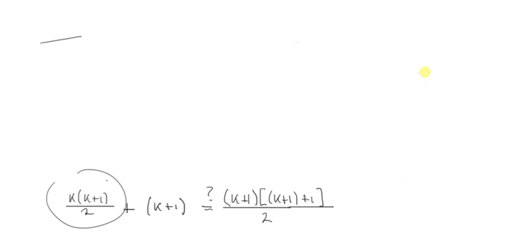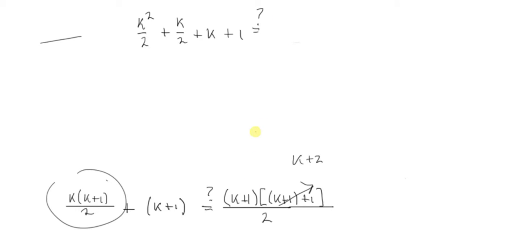So on the left-hand side we have k squared over 2 plus k over 2 plus k plus 1 equals, and we're going to simplify this right here as just k plus 2.